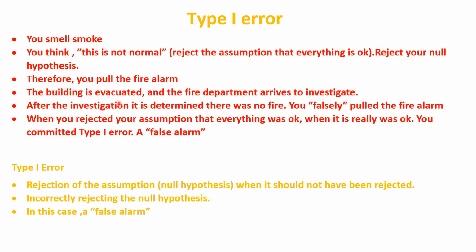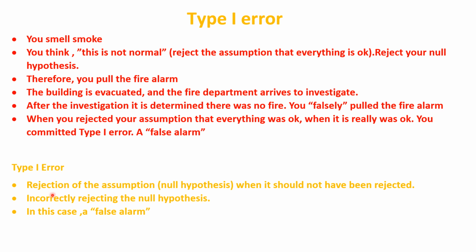The building is evacuated and the fire department arrives to investigate. After the investigation, it is determined there is no fire. You falsely pulled the fire alarm when you rejected your assumption that everything was okay when it really was okay. You committed type 1 error, a false alarm.